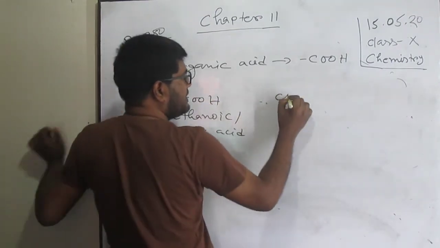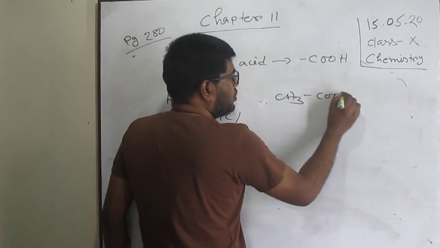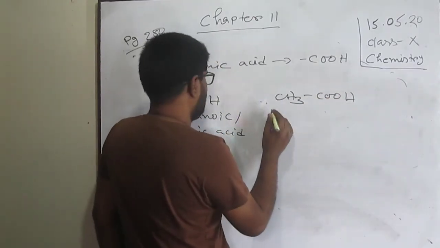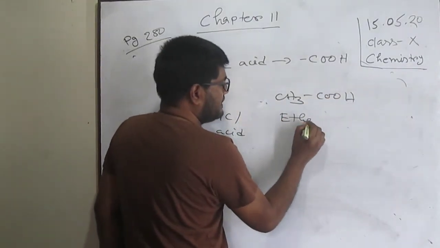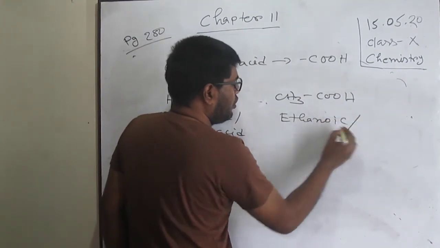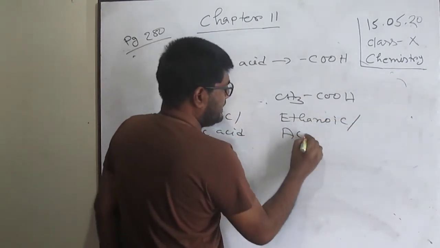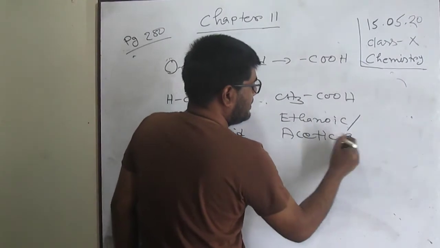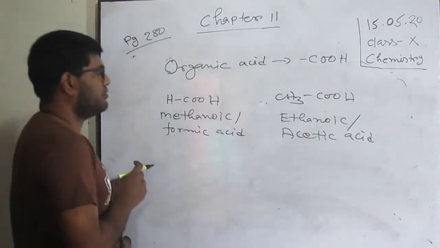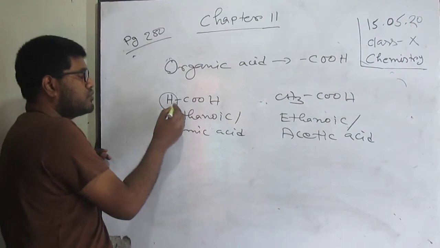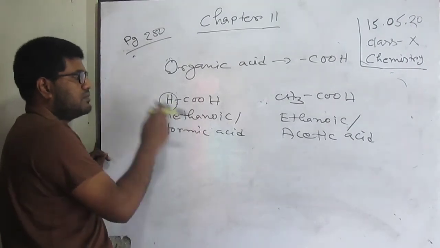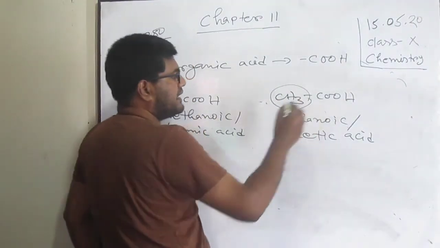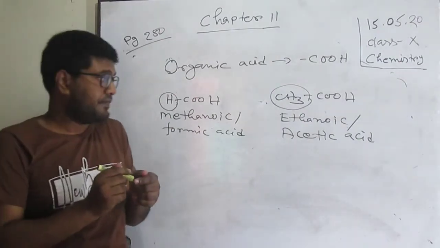If I write CH3COOH, this is called ethanoic acid or acetic acid. So we should memorize the formula. When only a hydrogen atom is added with the functional group, this is methanoic. When methyl is added, it is called ethanoic acid.